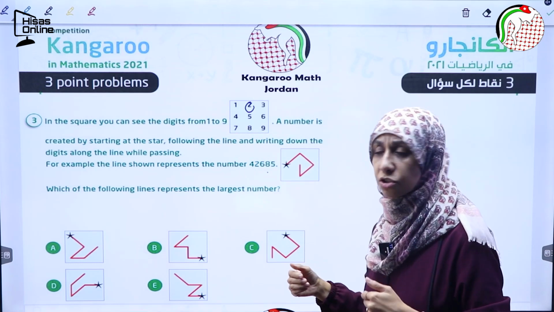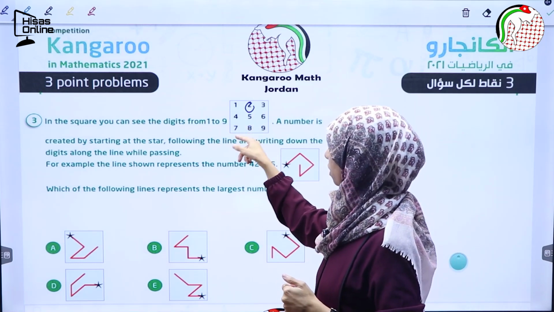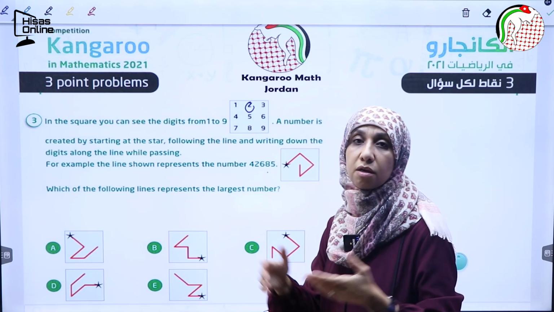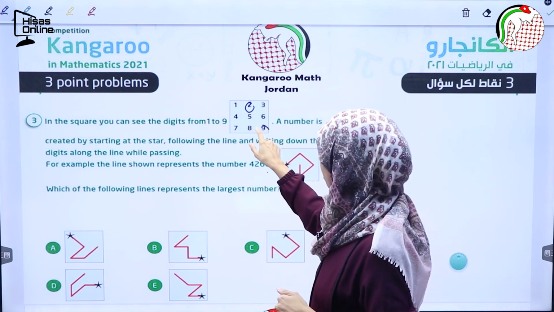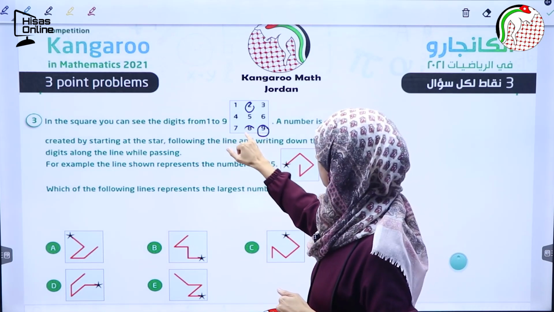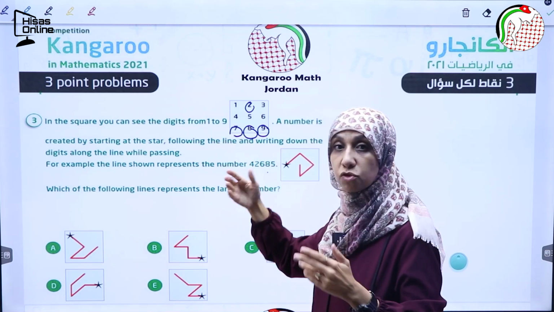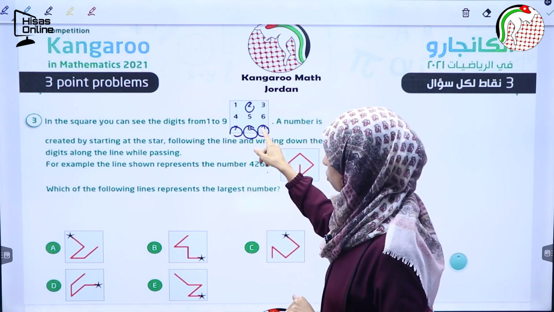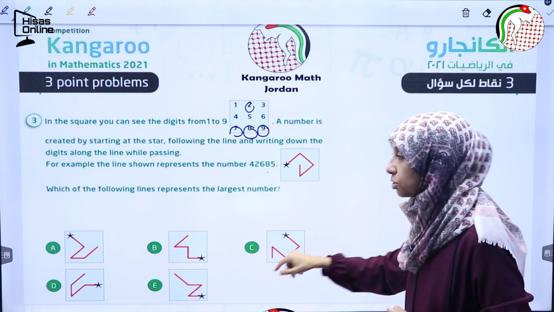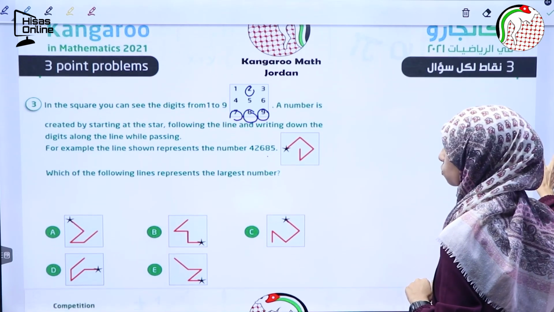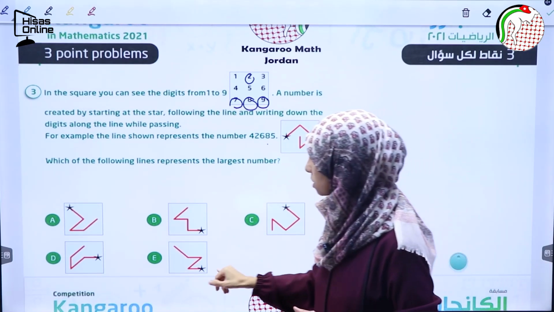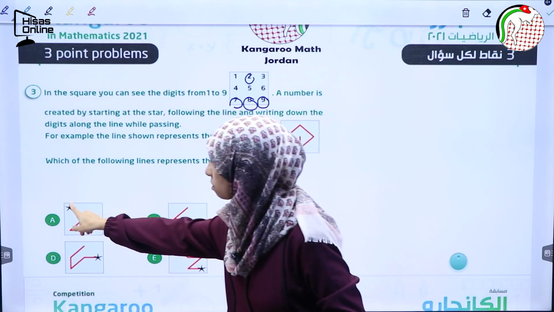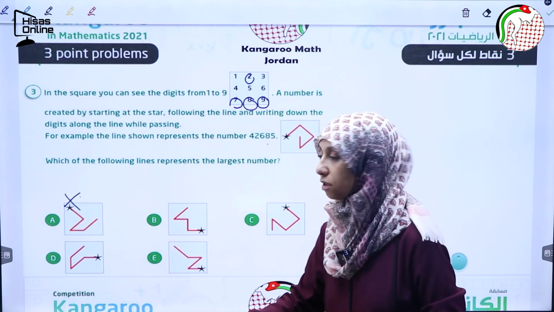How can I make the largest number from 1, 2, 3, 4, 5, 6, 7, 8, and 9? Definitely, we have to start with 9, then 8, then 7, and so forth. So, let us check the options down here. Which one starts with 9? Where is the star? The star here doesn't start at 9.